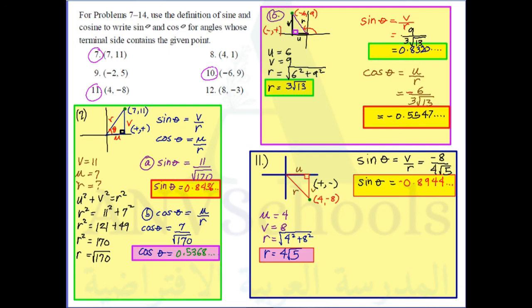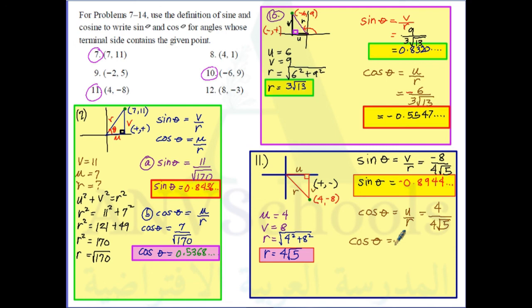What about our cosine of theta? So let's solve for cosine of theta. Cosine theta is u over r. And cosine is positive because it's on the fourth quadrant. So we have 4 over 4 square root of 5. And cosine theta then would be equal to 4 divided by 4 square root of 5.